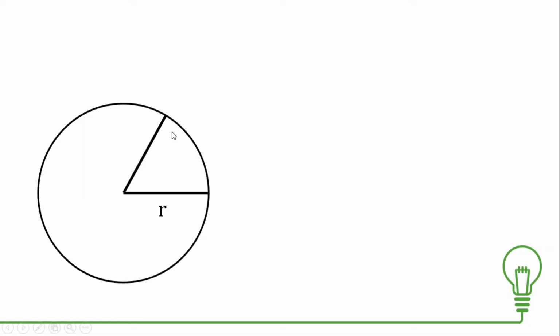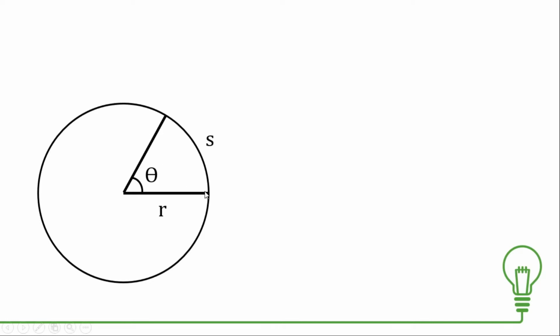In this circle, we have a certain angle measure, the theta here, which represents the angle measure. In order for us to look for the length of the arc subtended by the central angle, or the arc intercepted by the central angle theta, we're just going to derive it from the formula of the circumference of the circle, 2 pi r.